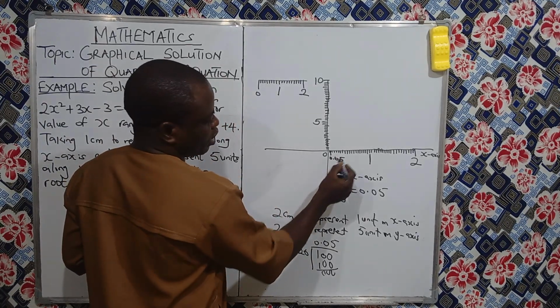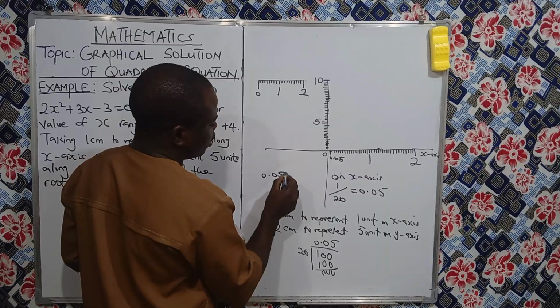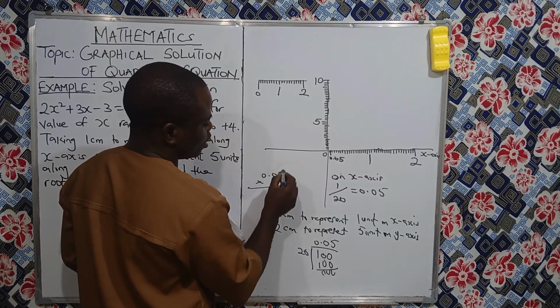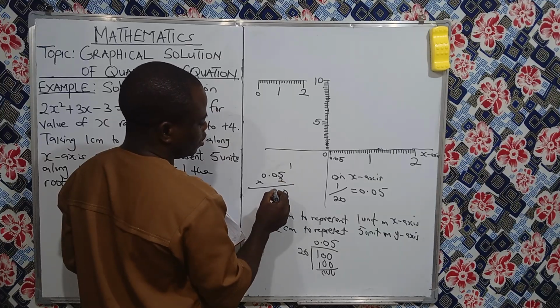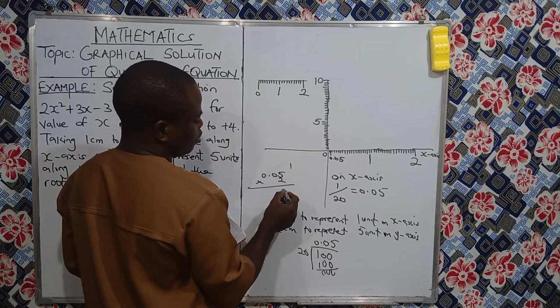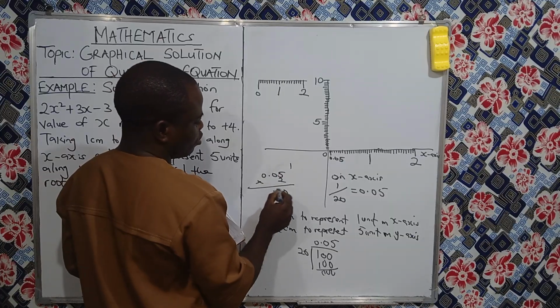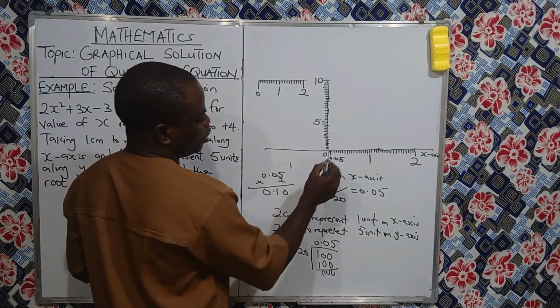To have 1 on this line, it will be 0.05 times 2: 2 times 5 is 10, 0 carry 1, and 2 times 0 plus 1 is 1. That gives 0.1.